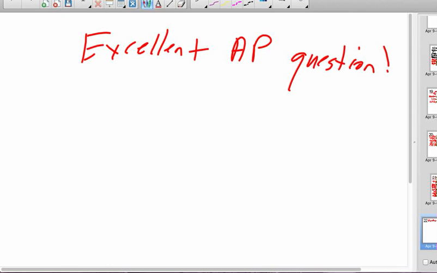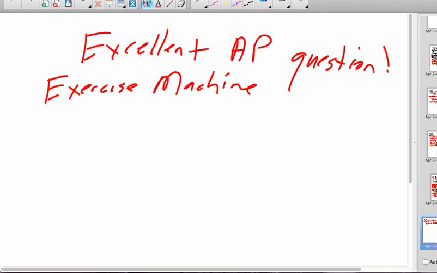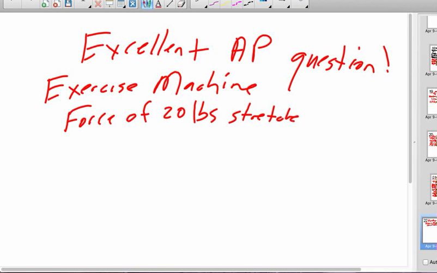So we are dealing with an exercise machine here that has a spring in it. All right. And what we know is that a force of 20 pounds, which they can actually measure, stretches the spring 9 inches.